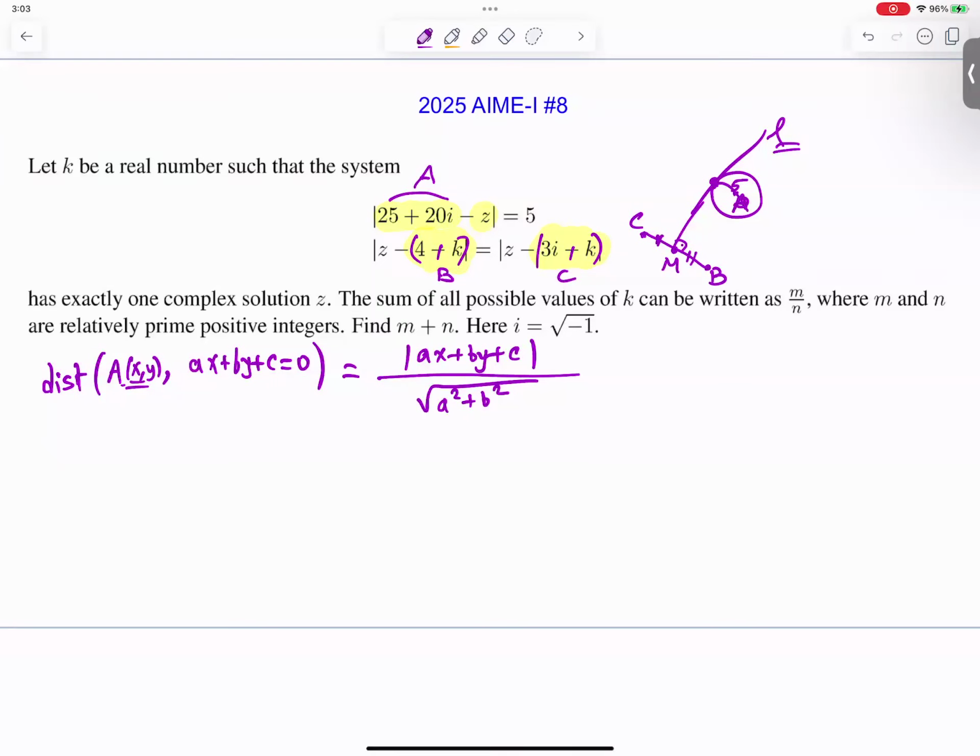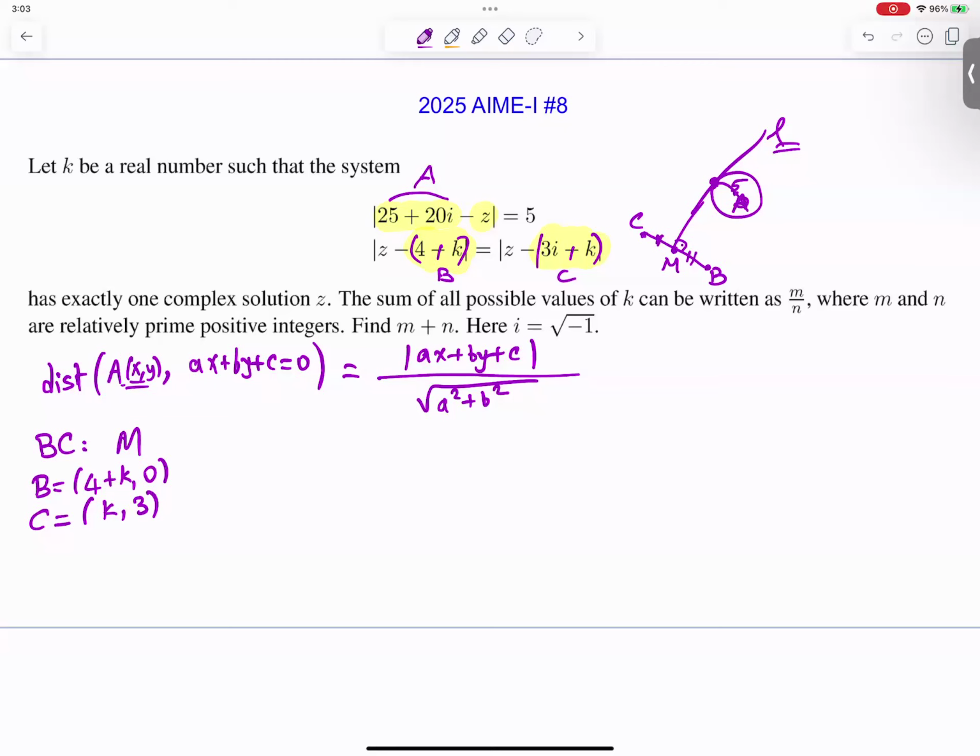Okay, so we know the point A. We need to find the equation of the line L. So let's start with the line BC. Segment M is the midpoint. Let's say B has coordinates 4 plus k and 0, no imaginary part. And C has coordinates k and 3.